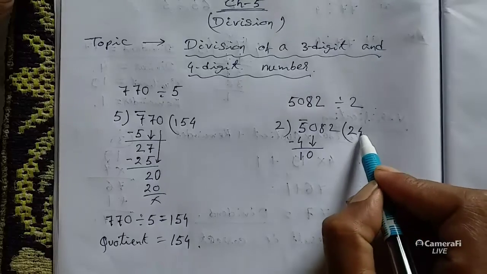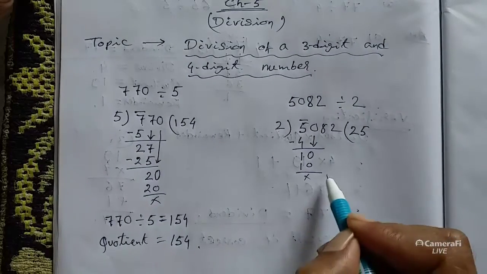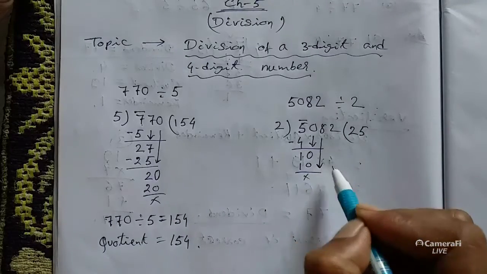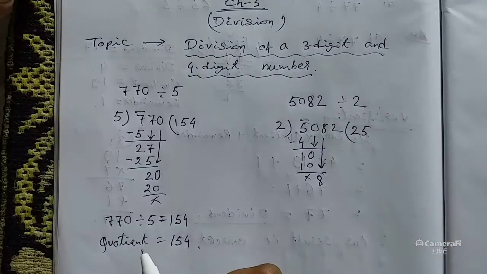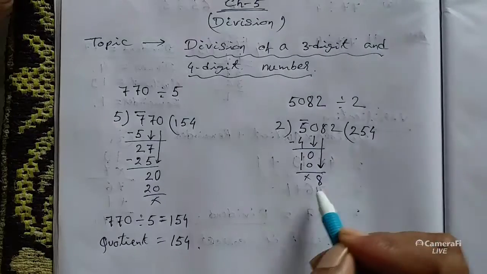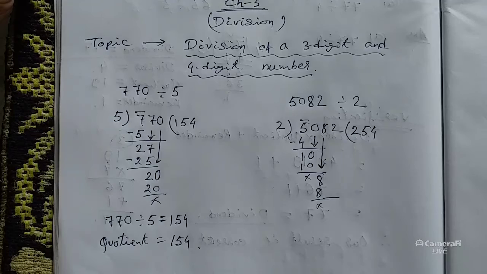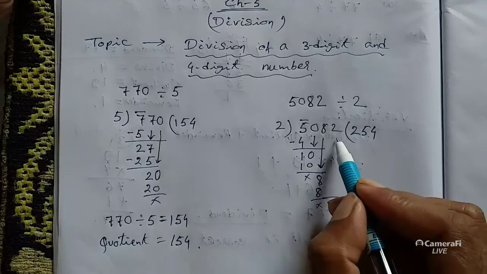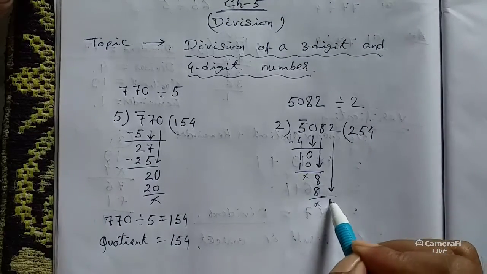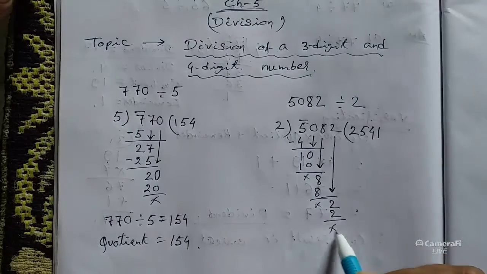Take the digit 0 here. 2 5 is 10. Nothing remains here. Now take the next digit 8 and proceed with the table of 2. 2 2 is 4, 2 3 is 6, 2 4 is 8. Completed. Nothing is left here. Now take the next digit 2. 2 1 is 2.